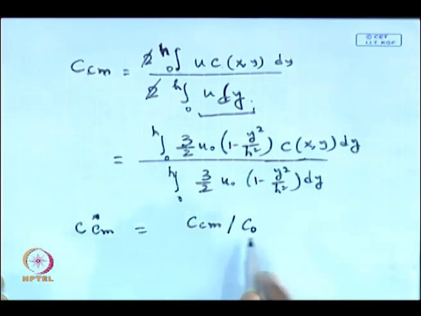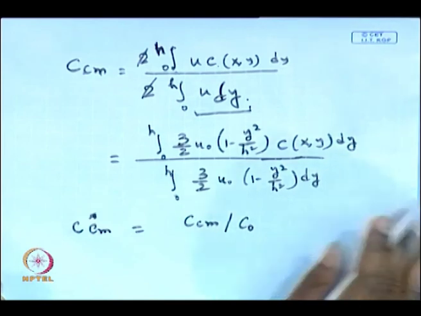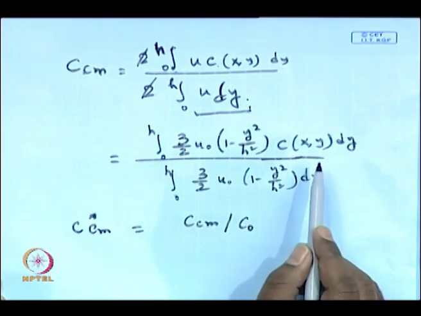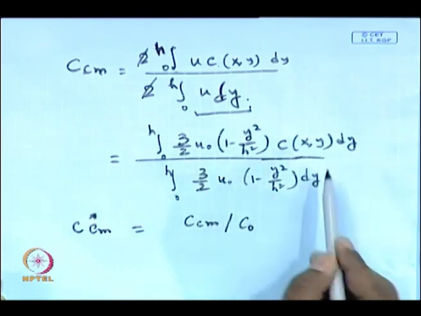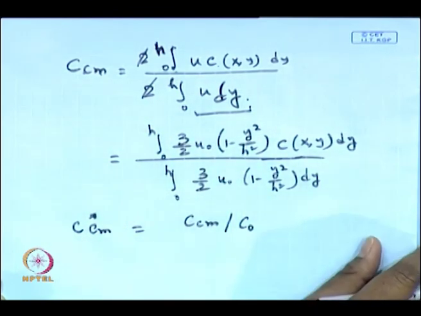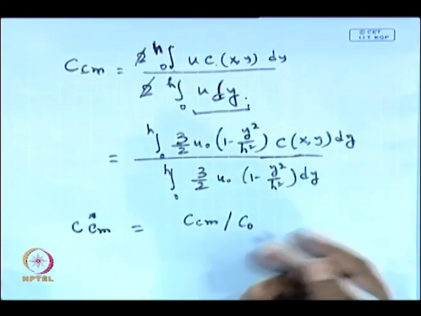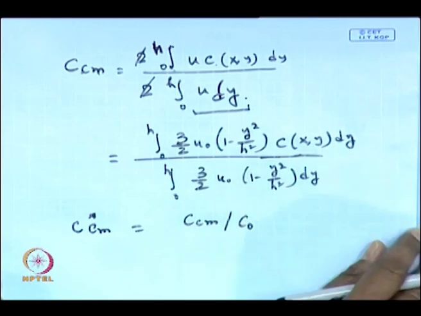Okay. Now, if you really put the concentration profile there and carry out these integrations, I am leaving it as an exercise to you. I am just writing the final expression of CCM star.